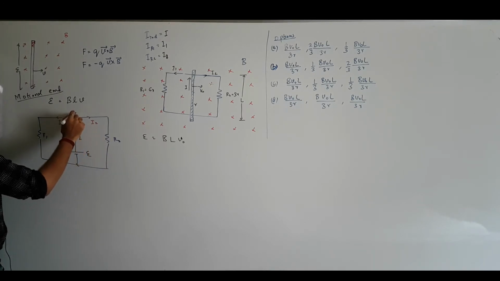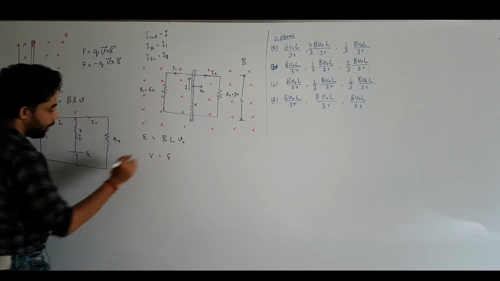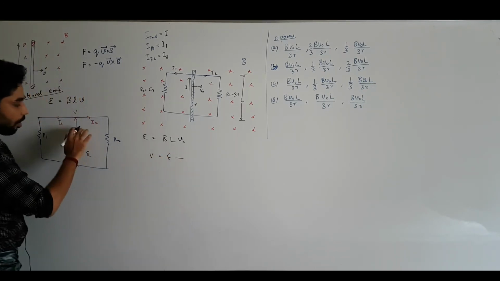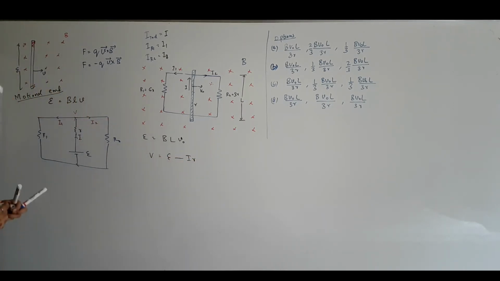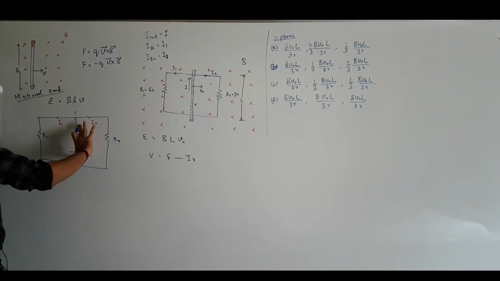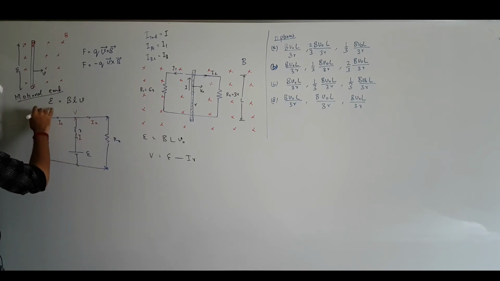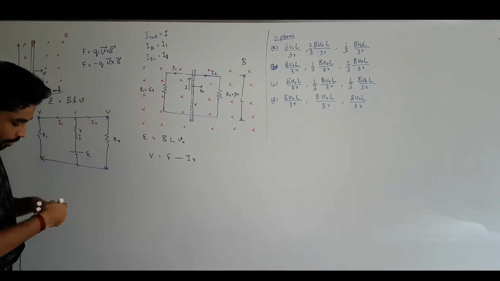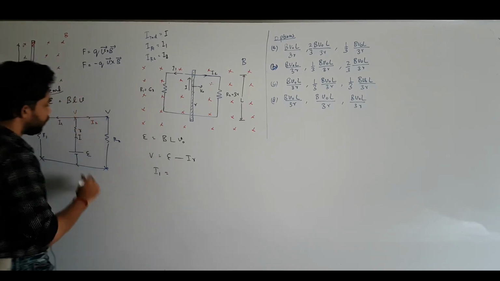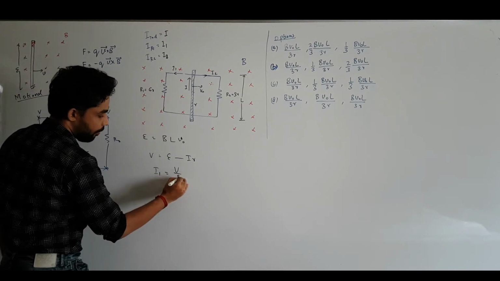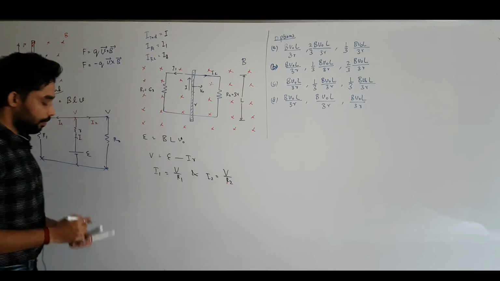So let us represent the potential as V, and V will be the EMF induced minus the drop here, that is I into R. Also the potential between these two points will be the same as the potential between these two points, also the same as these two points, which are V. So I'll get the expressions for I1 and I2: I1 is the potential difference V by R1, and I2 is the potential difference by R2.